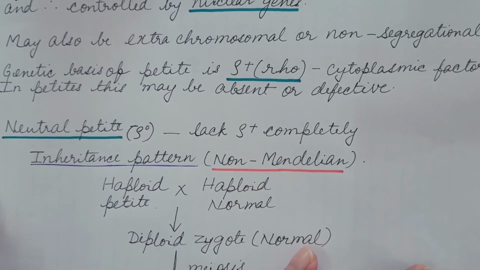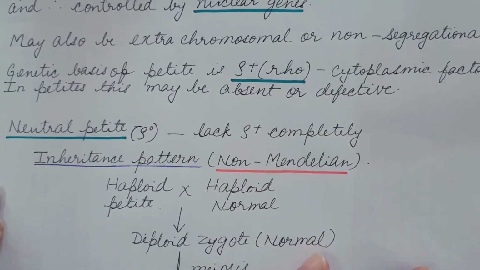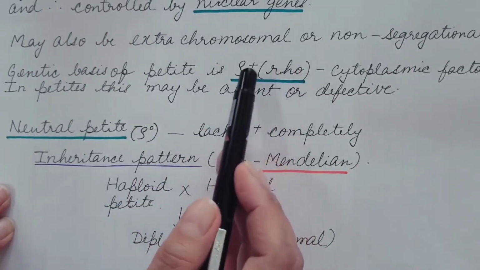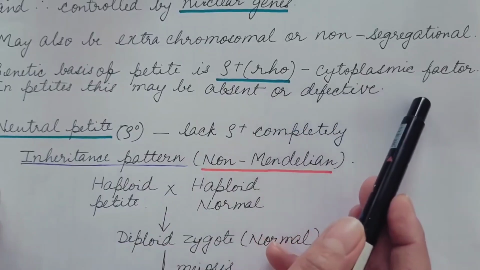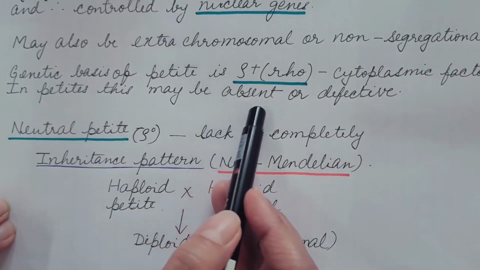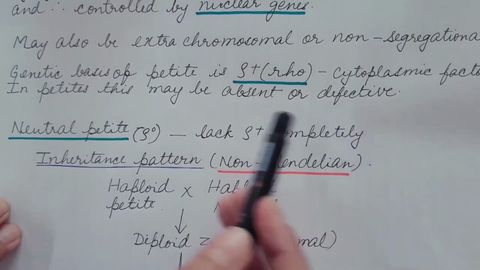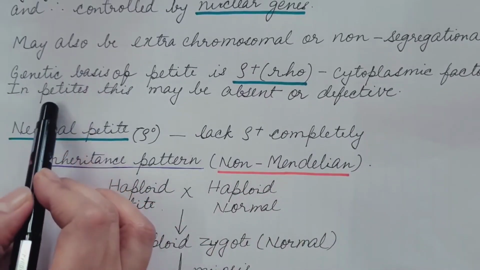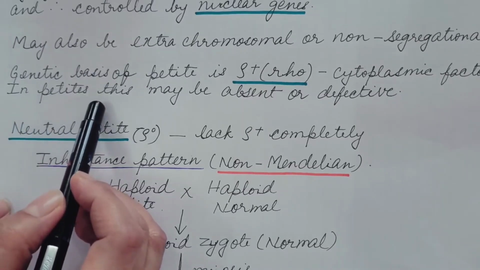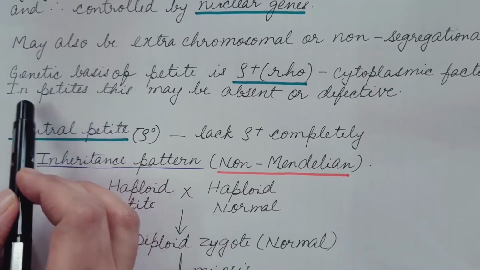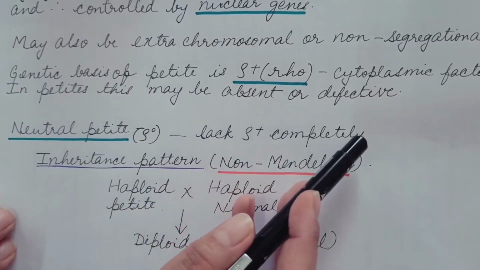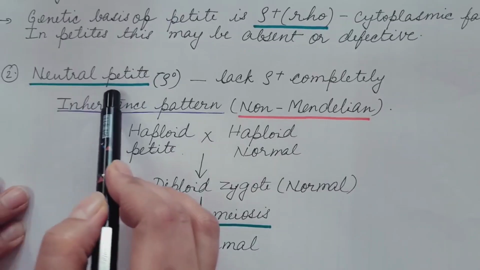These are also known as the vegetative peptides, and the genetic basis of these peptides is the Rho factor. This Rho factor is the cytoplasmic factor, and when this Rho factor is absent or defective, then it results in the peptides. So in this type of the extrachromosomal or cytoplasmic peptides, or in the vegetative peptides, this Rho factor is absent or defective.